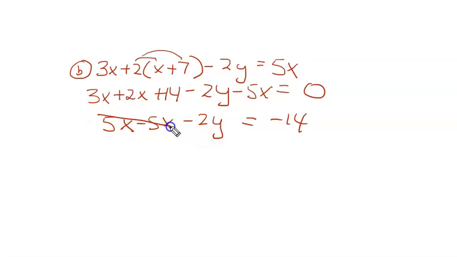So these just add out. And I'm going to divide both sides by a -2. And I get y equals -7. Again, we're going to see later this is a horizontal line, and y is to the first power, so this is linear. Let's go back.